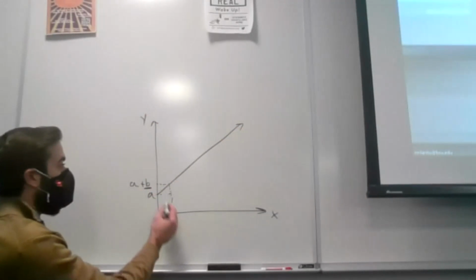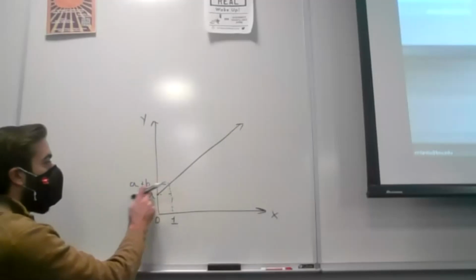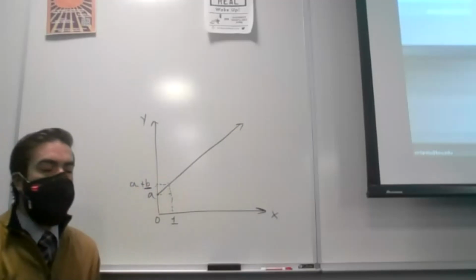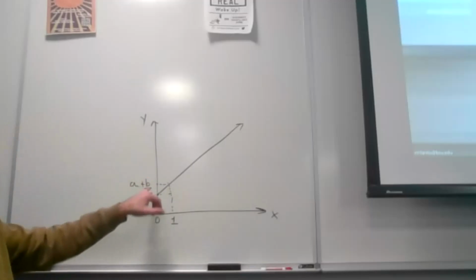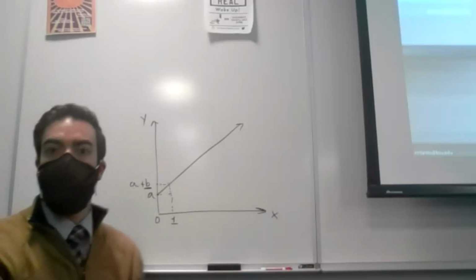If my X goes up by 1, my predicted Y value goes up by whatever that value B is. So we're interested in what that value B is, because it tells us what the relationship between X and Y is.